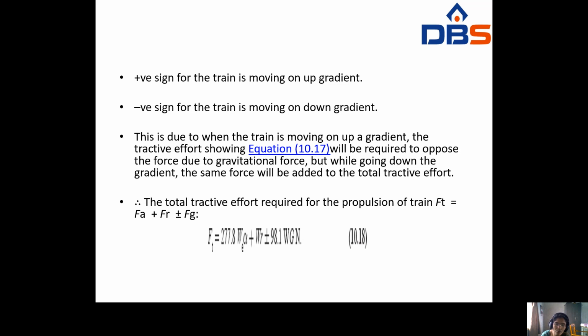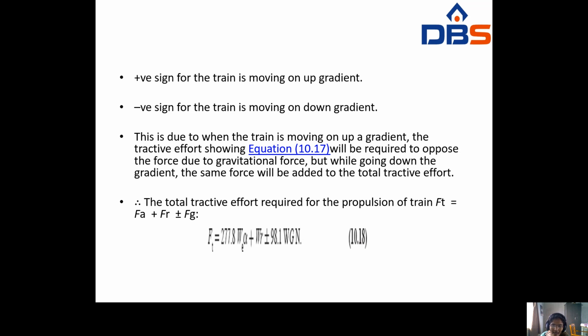When the train moves up a gradient, tractive effort is required to oppose the gravitational force, but going down a gradient, the same force is added to the total tractive effort. So this is about the force due to gravity.